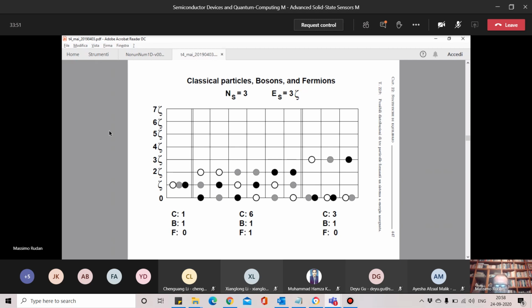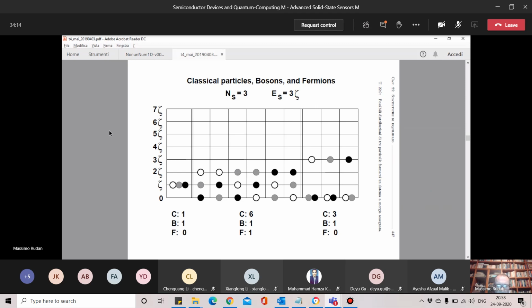And the third one is that made of the last 3 columns, one particle at energy equal to 3 and 2 particles at energy equal to 0, okay? Photons belong to a larger class of particles that are called bosons, okay?